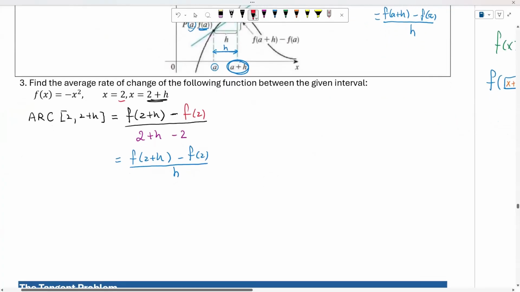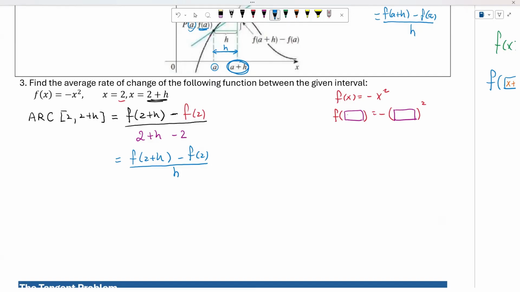In this problem, the function is f of x equal to negative x squared. In this case, I could consider that f of the box equals minus the box squared.